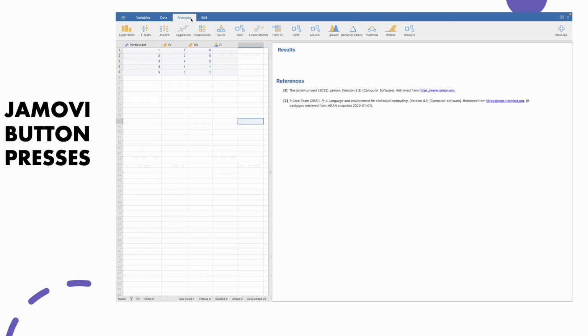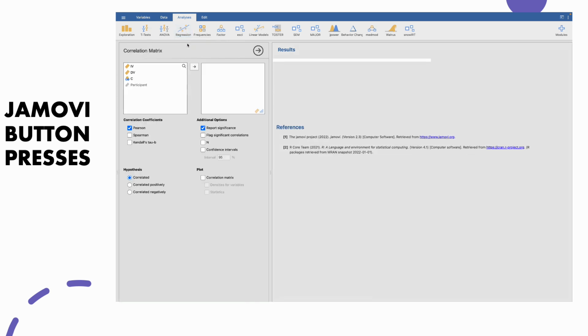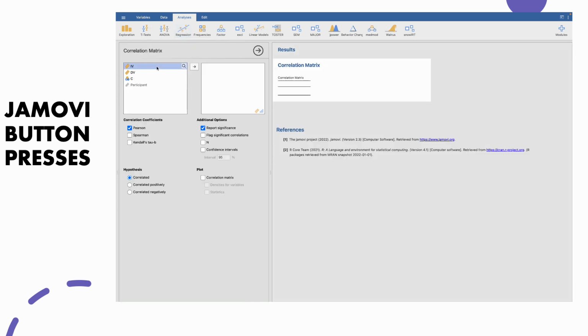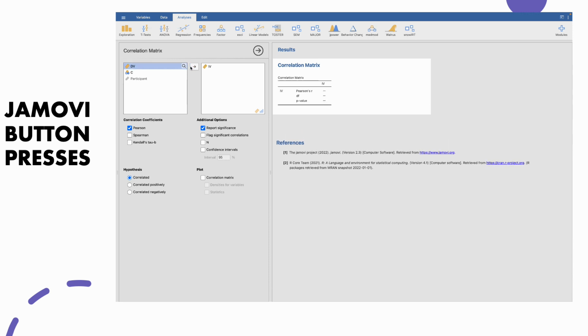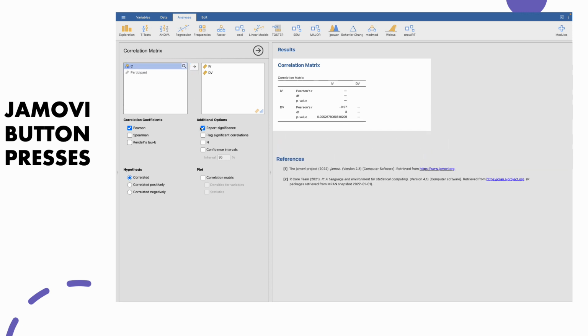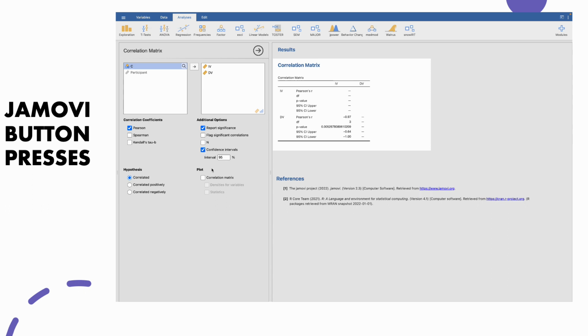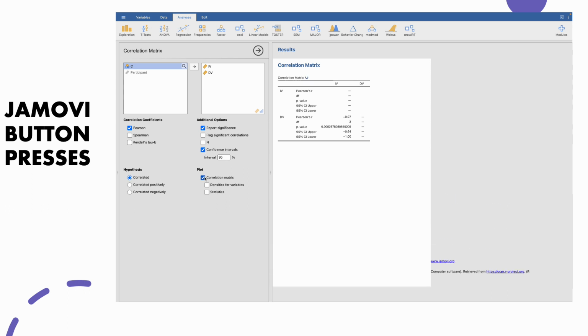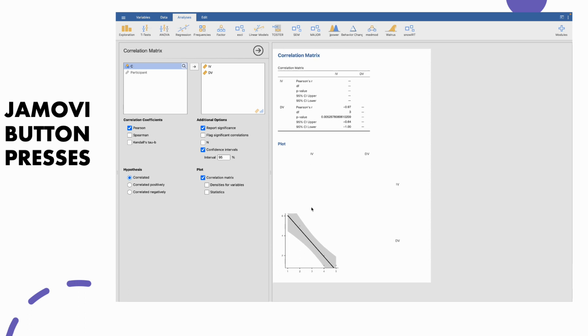Let's see what buttons to press, and make sure you enter variables in the same order that I do. Let's see that again.